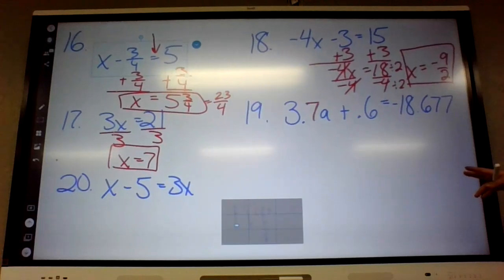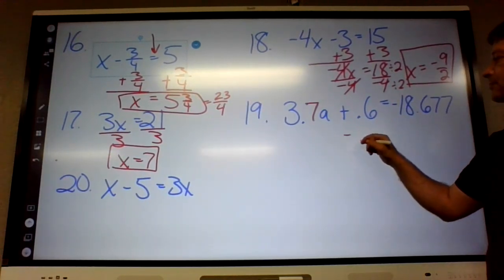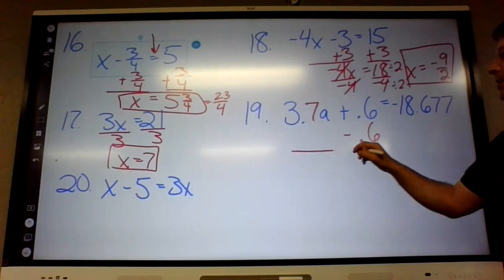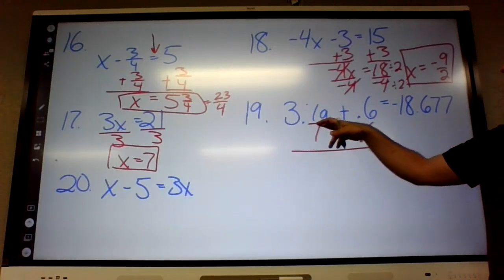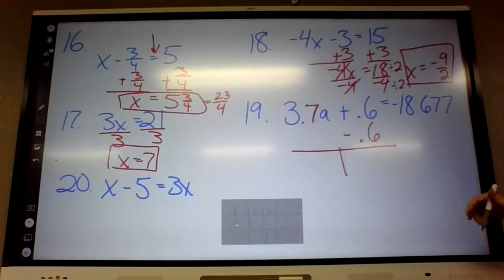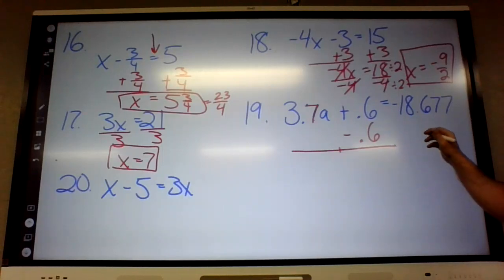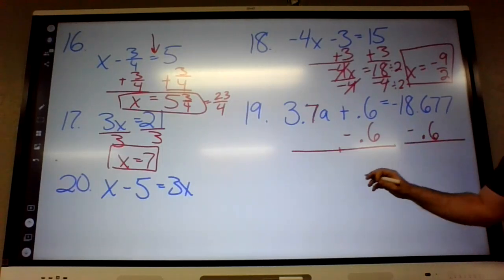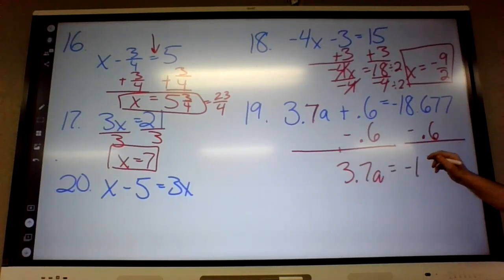Bella, what do we do on 19? Get rid of -6. Oh, it's a 7 now? Yeah, I accidentally, it looked like that before because I erased it. Okay, what was I writing down here? Okay, minus point, this would be negative 19.277, I think.